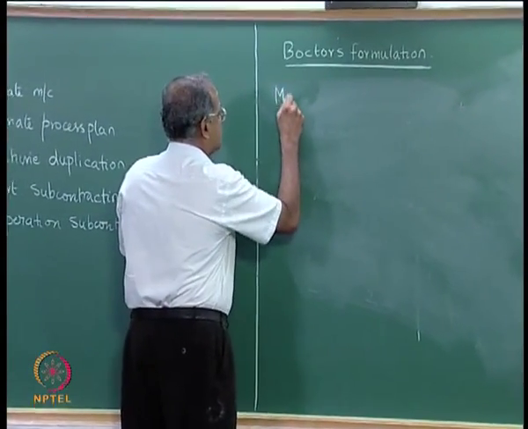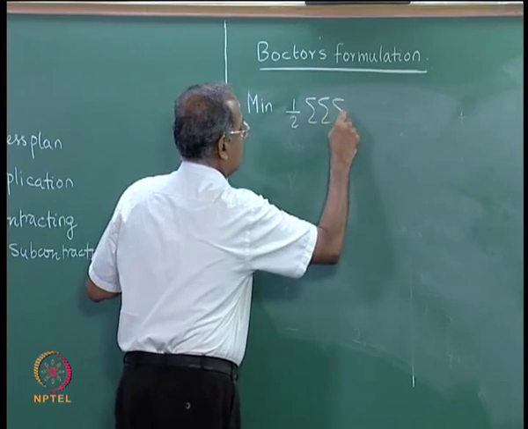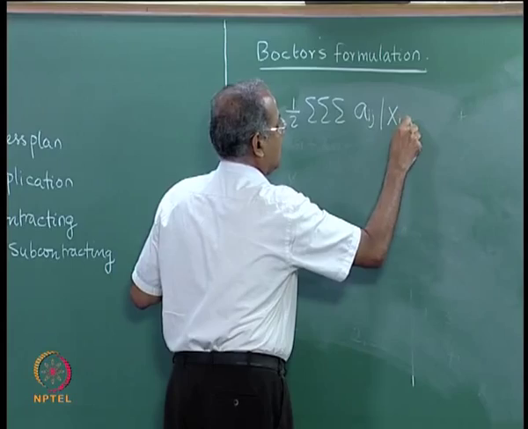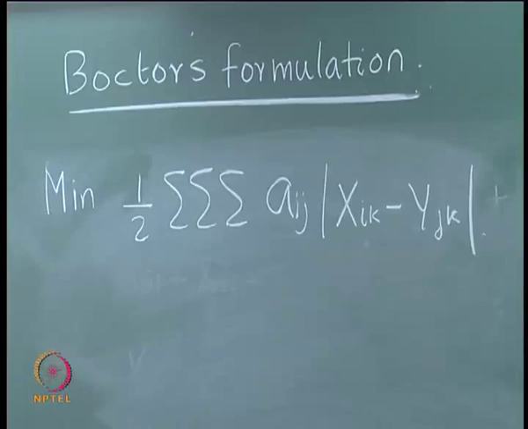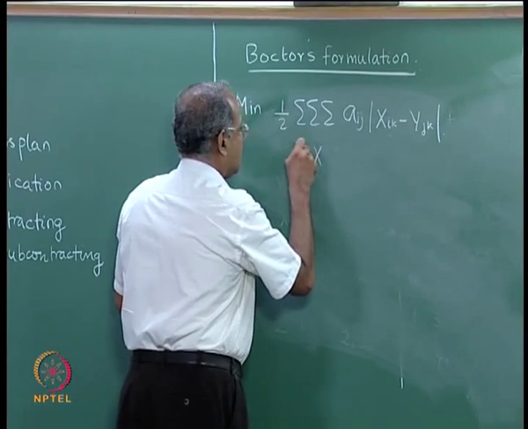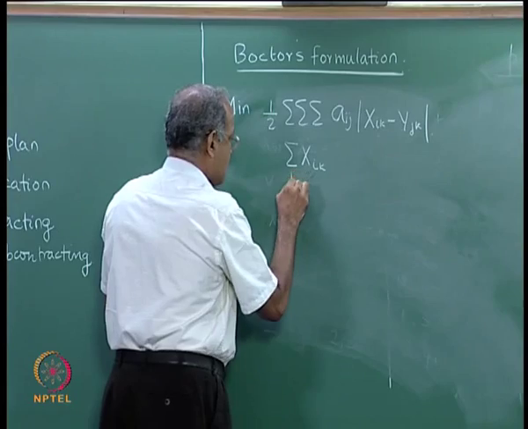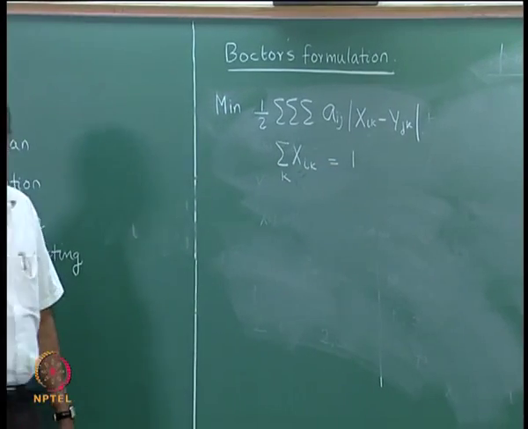So, intercell moves again will be minimize half into Aij into Xik minus Yjk. This will be the intercell moves, subject to the condition that each machine is assigned to only one group summed over k.